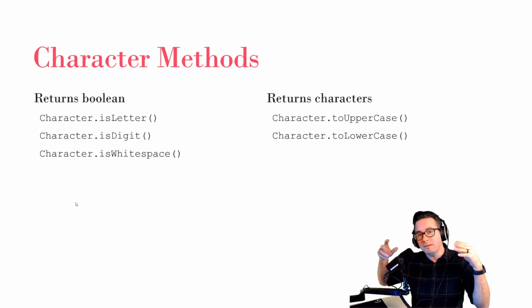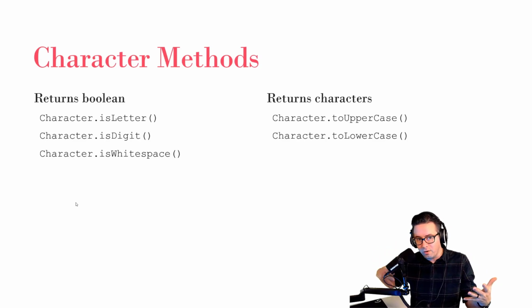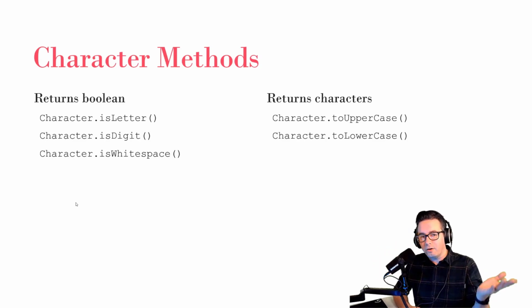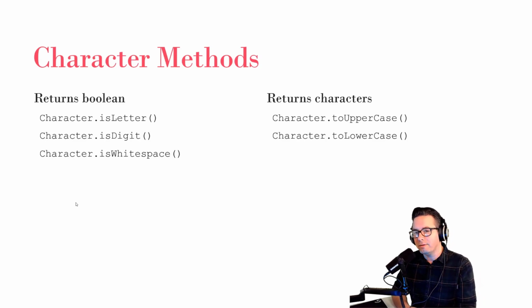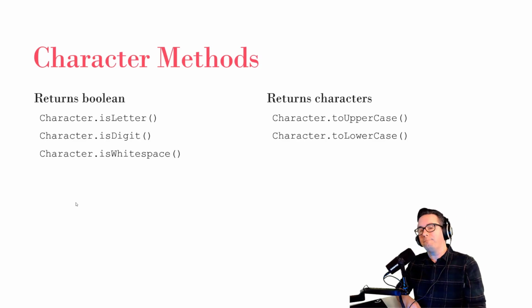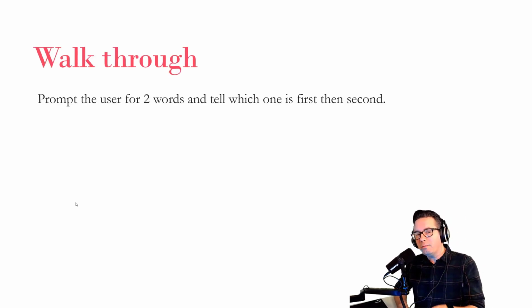And it doesn't have to be the literal. It could also be the variable. The variable also works. And then also whitespace, there's 3 different possibilities. That's from the space bar, the tab, or the enter. Carriage return, if you will. And then the next thing is like isUpperCase, isLowerCase, that sort of thing. We'll do some examples and see that in action with the practice problems on Monday. But anyways, what I want to do is think about the prompt for user 2 words and tell which one is first and which one is second.